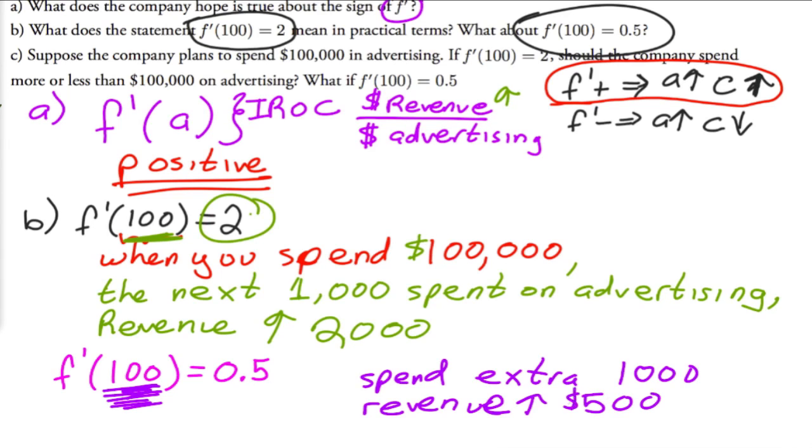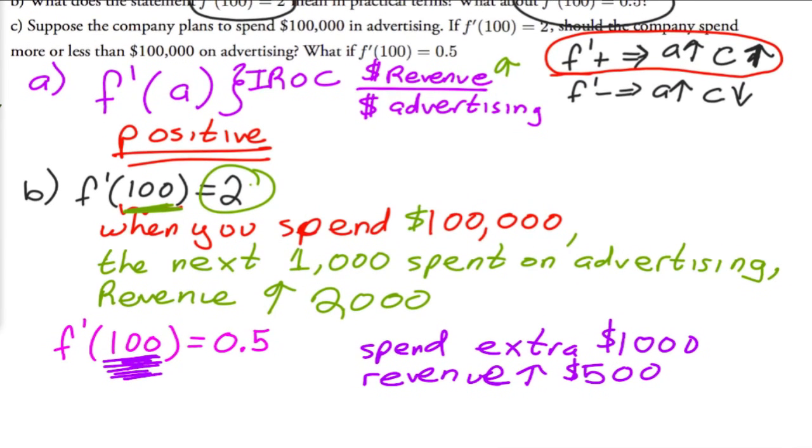So here you're negative, right? Because you spent 1,000, but you only got 500 out of it. So being positive wasn't the only thing that we wanted. We want our revenue to at least give us back our money that we got from advertising.